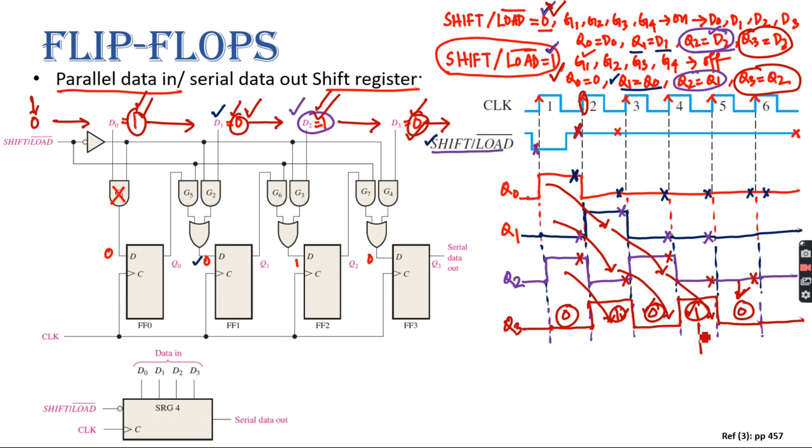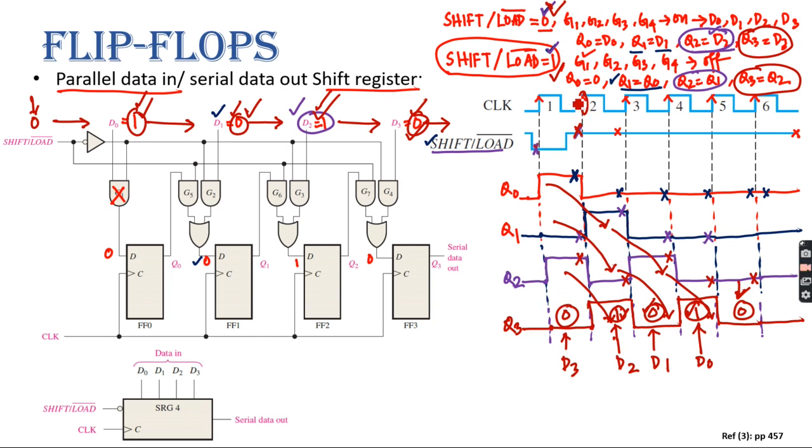So this one is from D0, right? This 0 is from D1. This one is from D2. And this 0 is from D3. You got my point, right? Yes, sir. Just the reverse side.